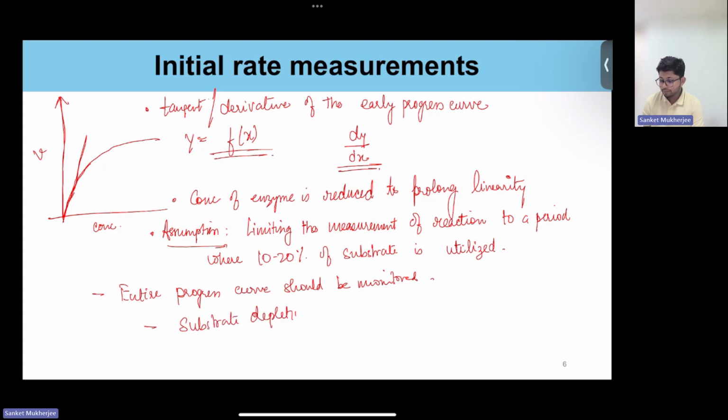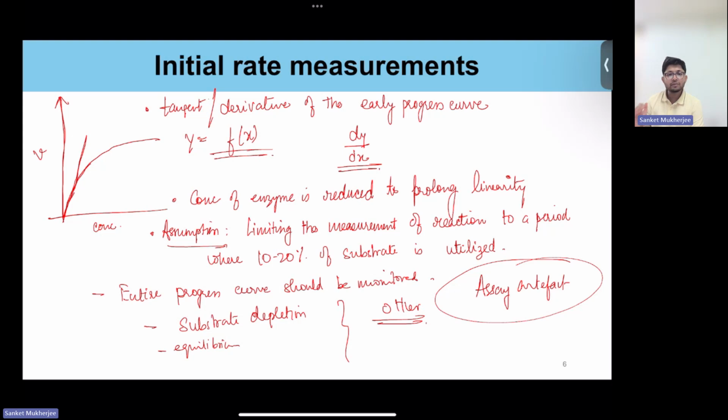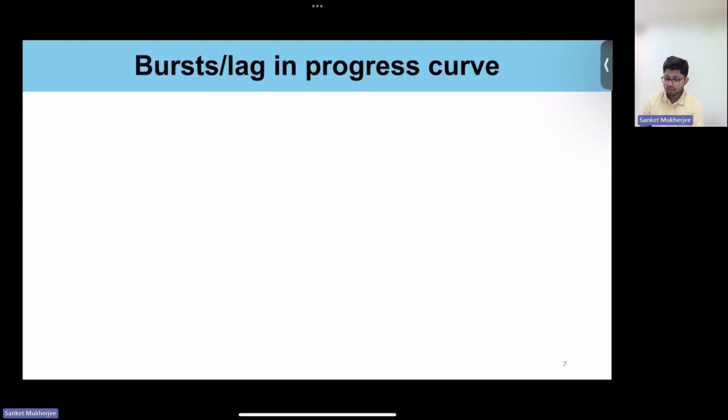Apart from substrate depletion or equilibrium, there could be some other reasons causing loss in linearity, which could be, let's say, assay artifact. We have to find a way to minimize this kind of problem. So we have to take controls and perform the experiment again. So those kinds of things are there.